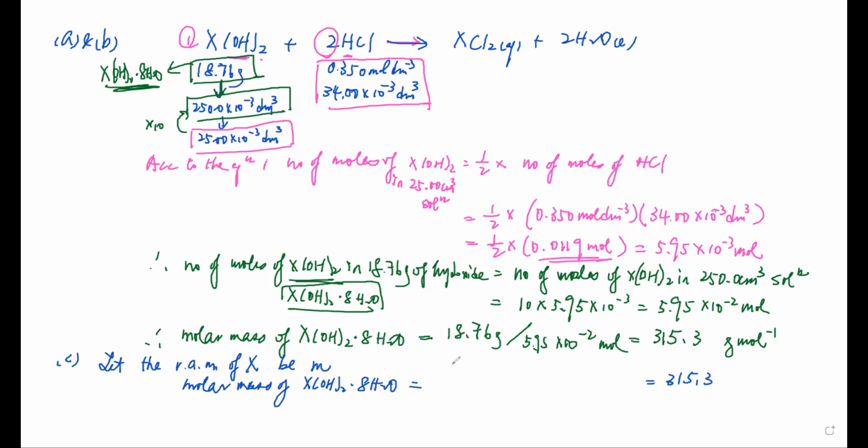So it is calculated as M plus 2 times (16.0 plus 1.0) for the hydroxide, plus 8 times (2.0 plus 16.0) for the water, where H2O is 18.0, right? So 2 hydroxide, 1 M. So you may get M. What is that?